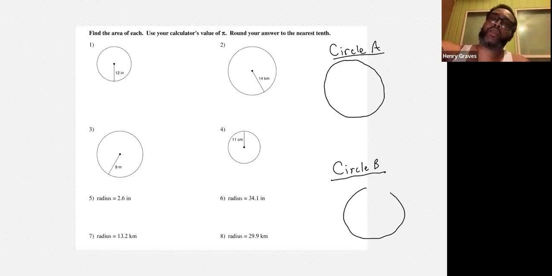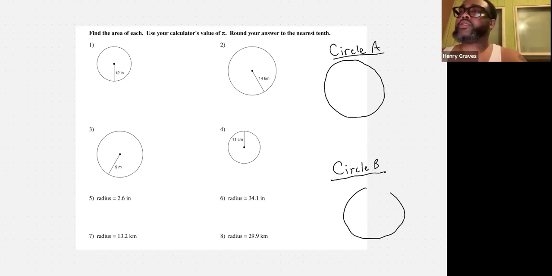I'm going to use this one right here, just in red. I'm going to put a dot here in the middle and have it go to this end right here. Now, in the other circle, I'm going to put a dot in the middle as well. I'm going to have one go to the right and one go to the left.